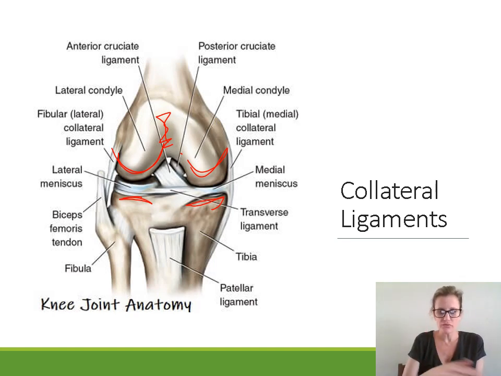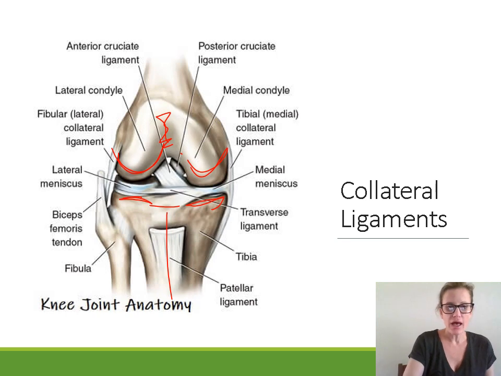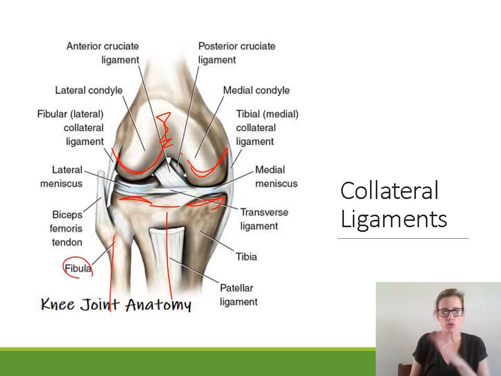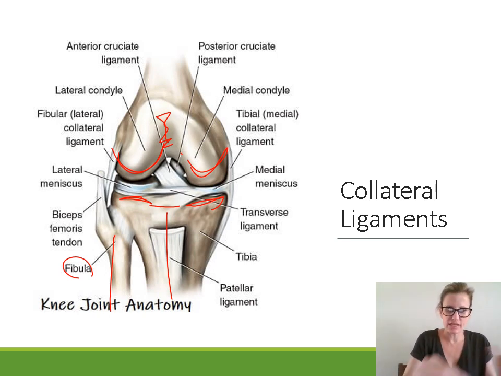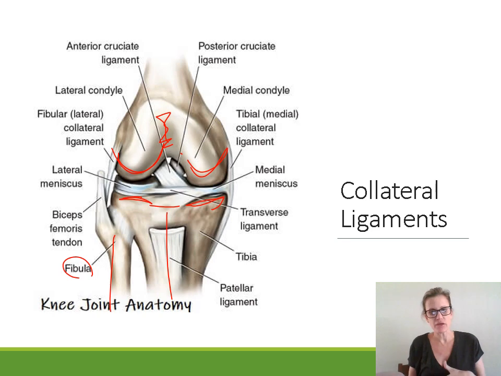I know medial versus lateral because of the position of the tibia and fibula. The tibia right here, remember, is more medially located, and the fibula is more laterally located, right? Fibula lateral. So that tells me which of the condyles is medial and which is lateral.